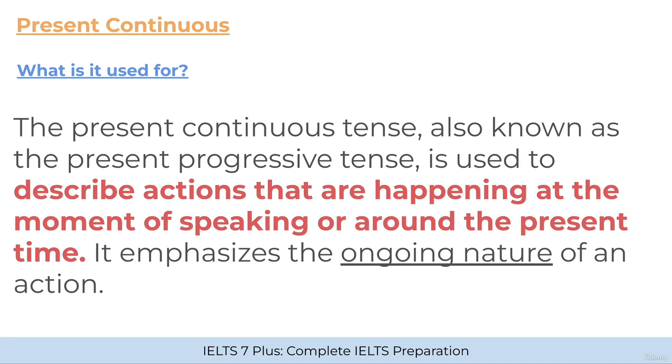So it's almost like there's a little circle around right now, and you can be a bit flexible and talk about a bit before now or a bit after now, but as long as it's generally around the present, then that's the most important thing. And it's continuous, so it's all about emphasizing the ongoing nature of an action. This is important to remember, the ongoing aspect.